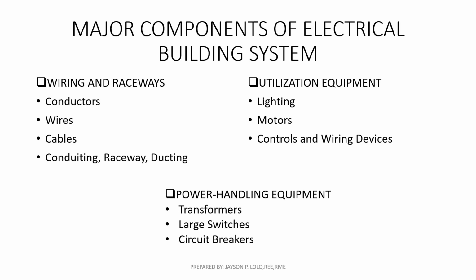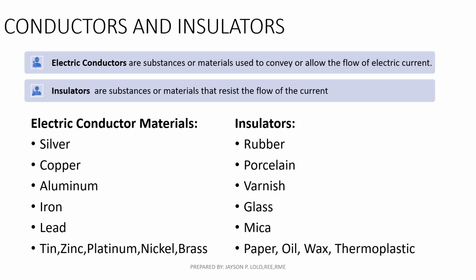For this slide, we will discuss the wiring and raceways, which have 4 branches: the conductors, the wires, cables, conduiting, raceway, and ducting. Conductors and insulators. We will define each of these words.